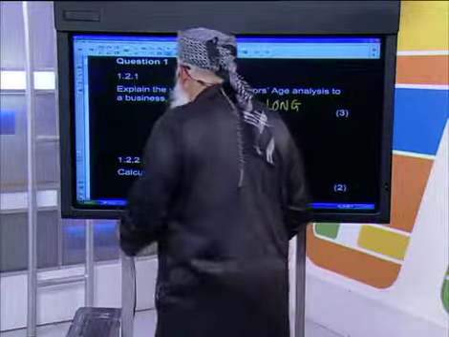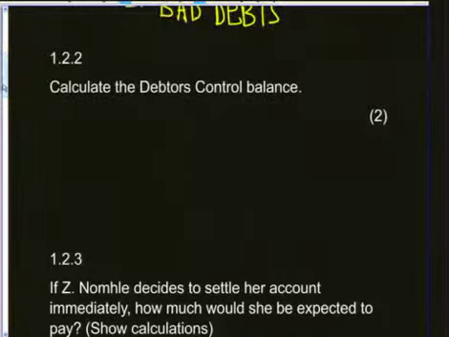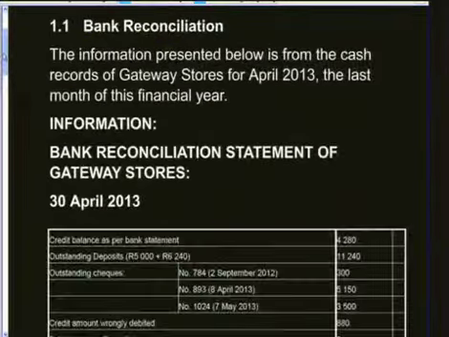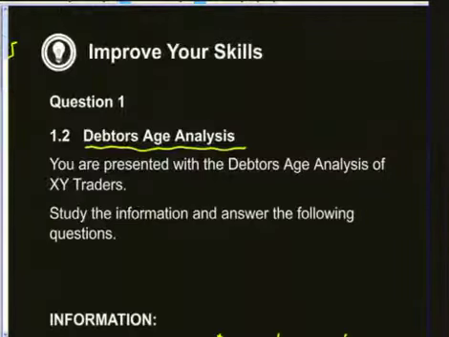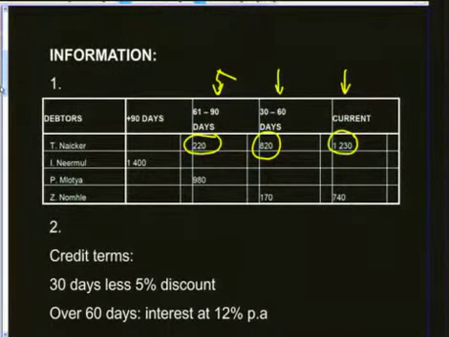Okay, the next question says, calculate the debtor's control balance. Okay, back to my information. There's my information. I need to calculate what amount is outstanding to me in terms of my debtors.